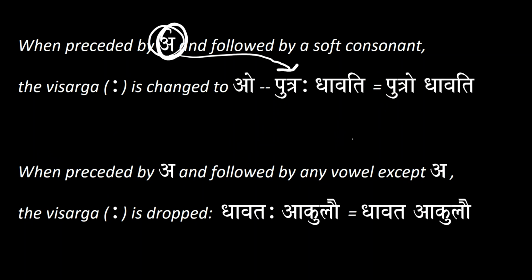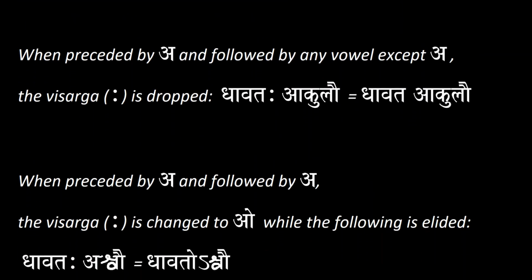So there is an A that precedes this Visarga, and there is a soft consonant. Dha in dhavati is a soft consonant. So this Visarga turns into an O. So that's why you have putro dhavati. Okay? So I'll erase that for you so you can take a better look at it.